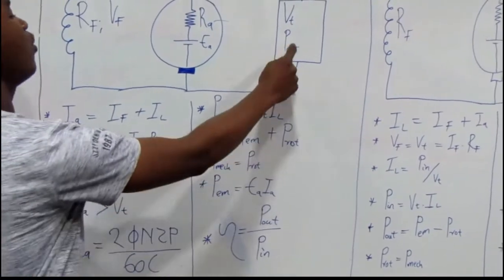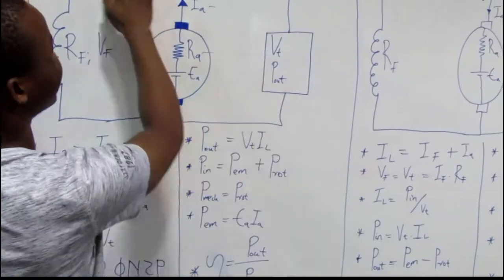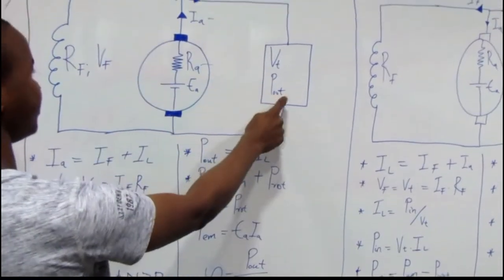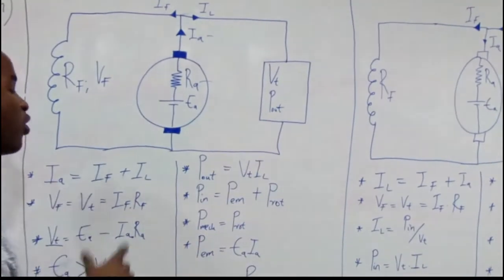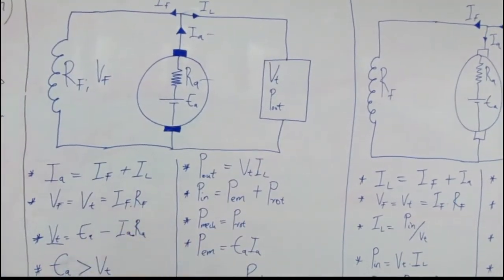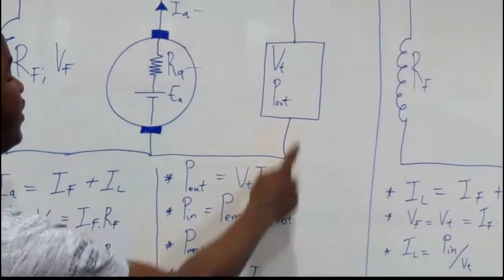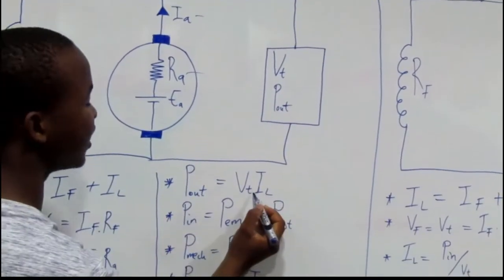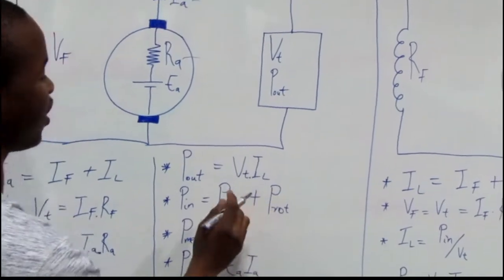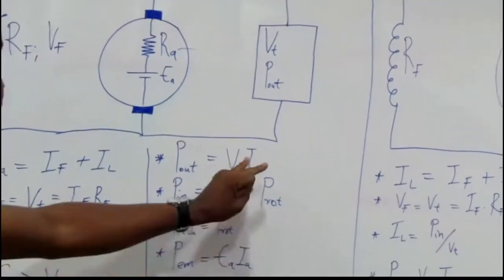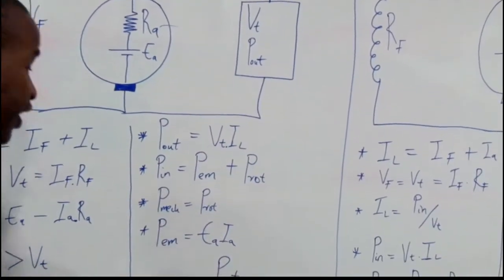When it comes to power, we said the power that is generated here on a shunt generator, this is a load. We consider it as output power, and it's equal to VT times IL, where VT is the terminal voltage and IL is the load current.